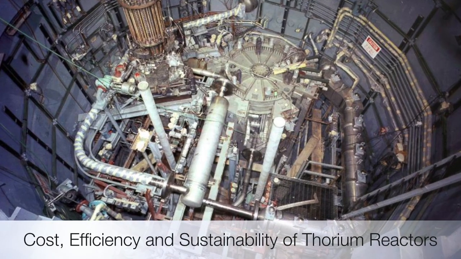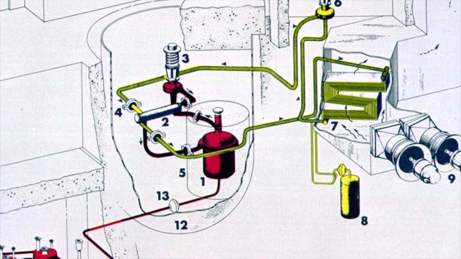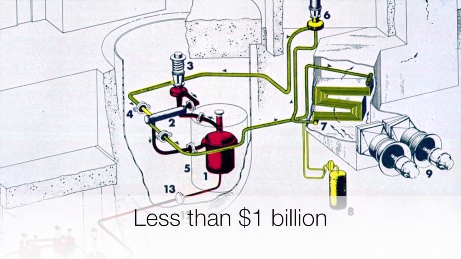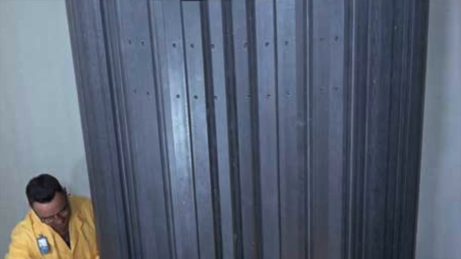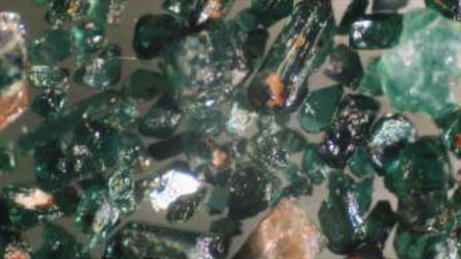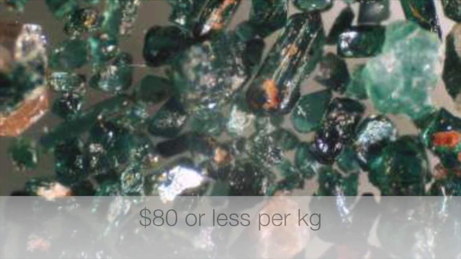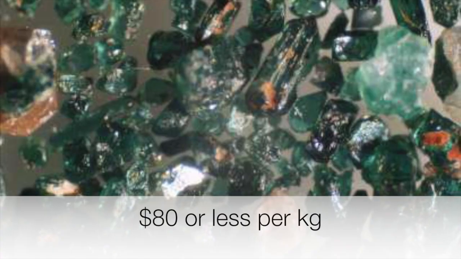In order to establish a large-scale thorium-powered reactor, it would cost less than $1 billion, with operating costs of $100 million per year. The cost of acquiring the thorium itself is around $80 or less per kilogram.